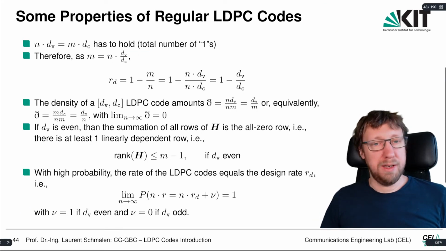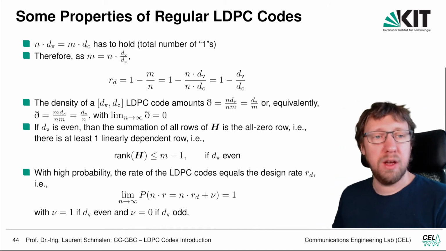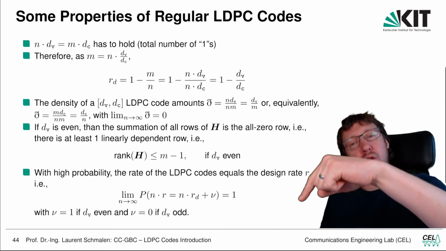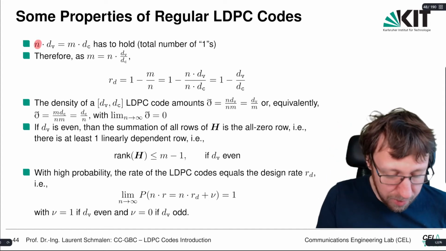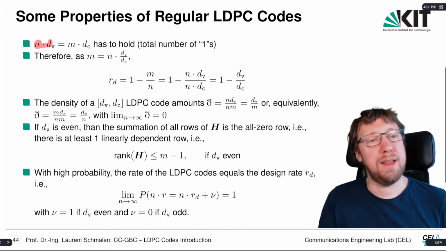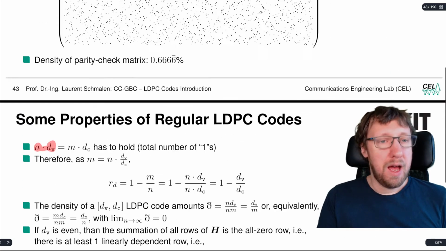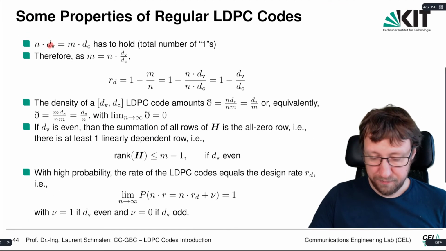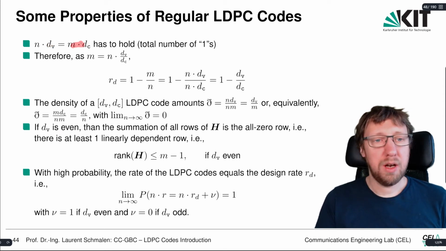So we have some properties. First property is simple. We count the number of ones. We can count the number of ones by looking at the columns or by looking at the rows. So we start by looking at the columns. We have n columns, and each column has dv number of ones.